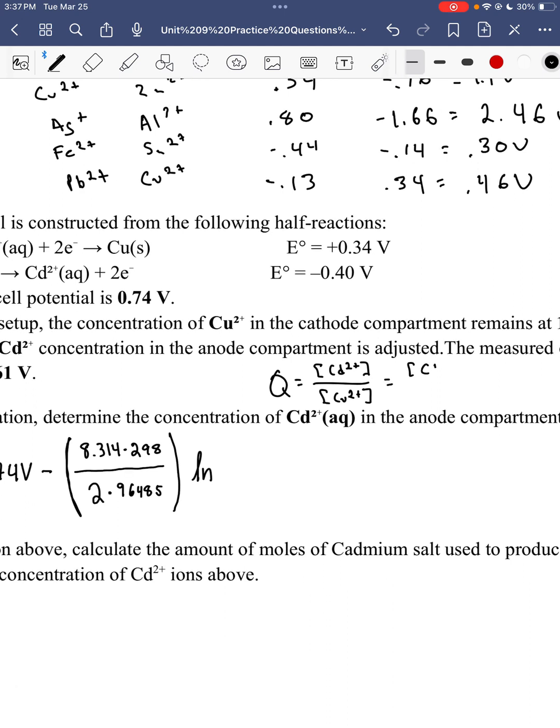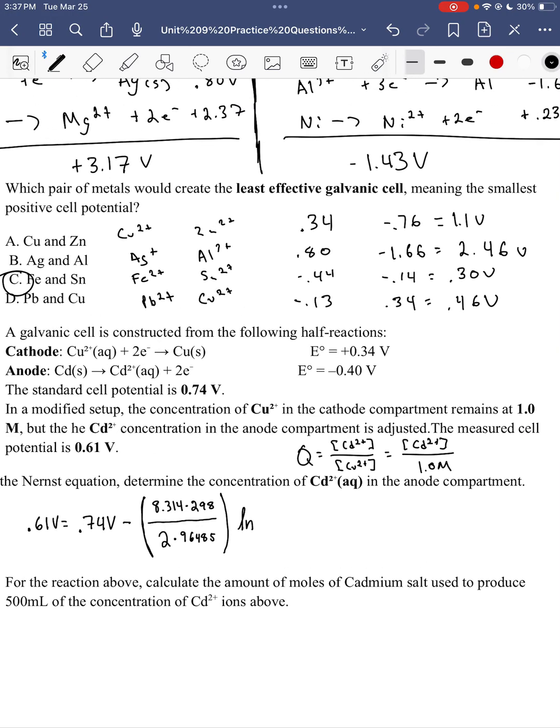And since my concentration of cadmium is what I'm looking for, it's just over 1 molar, because I know my concentration of copper is the same, because that's what it says right there. So ln of the concentration of cadmium over 1.